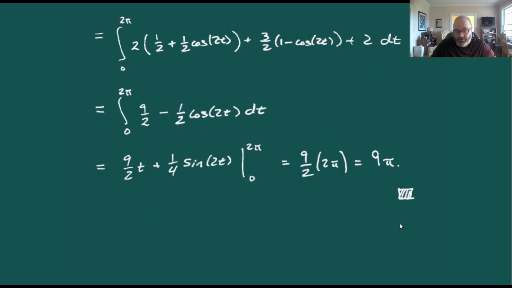Now it's just a regular integral. Going through those steps, we can use our power reduction identities to simplify the cosine squared and the sine squared down to this expression. Doing the integral, we get a value of 9 pi.